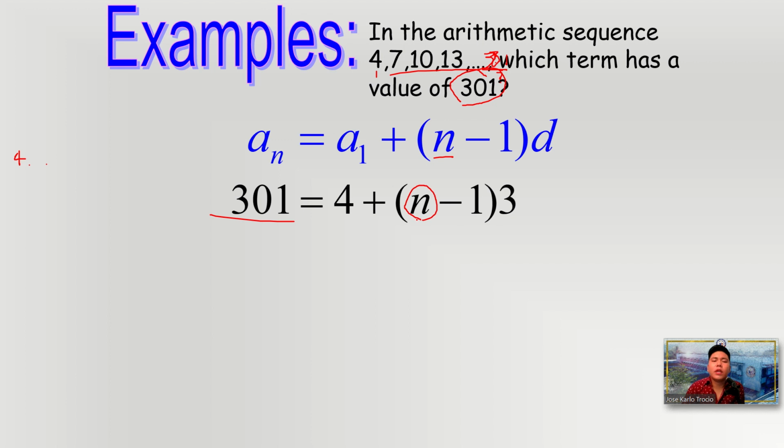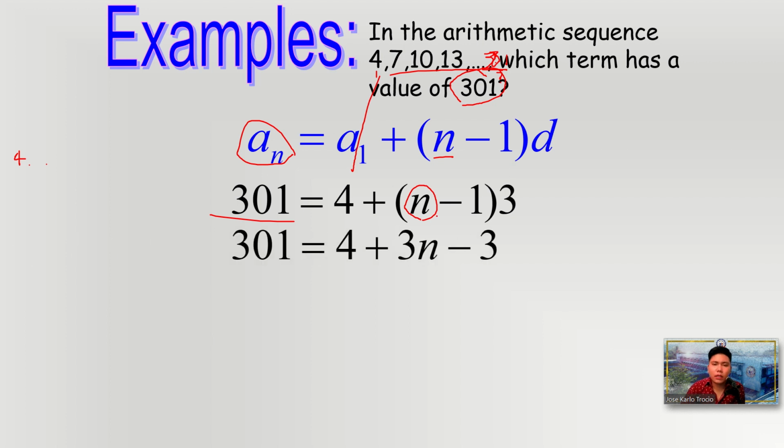So we have a sub n already, which is this. That is n. A sub 1 is 4. We started with 4. Common difference is 3. How? 7 minus 4, 3. How was it done? You distribute 3 times n, 3n. 3 times negative 1, negative 3. You subtract 4 minus 3, that is 1. So that is now 1 plus 3n.